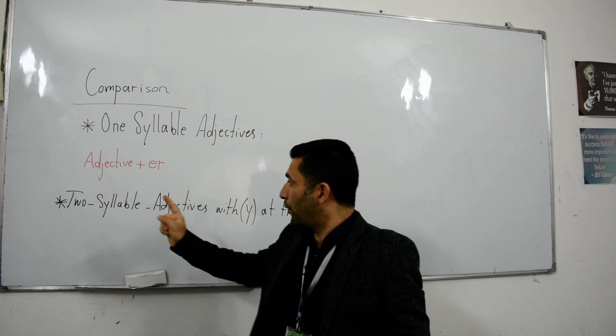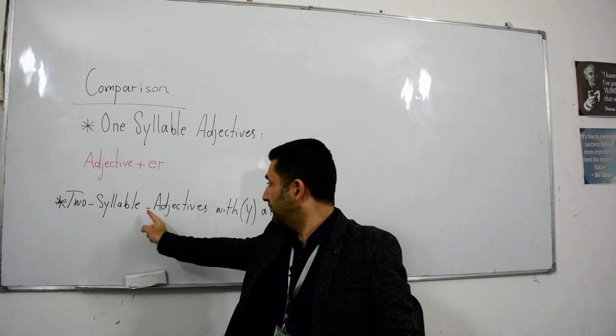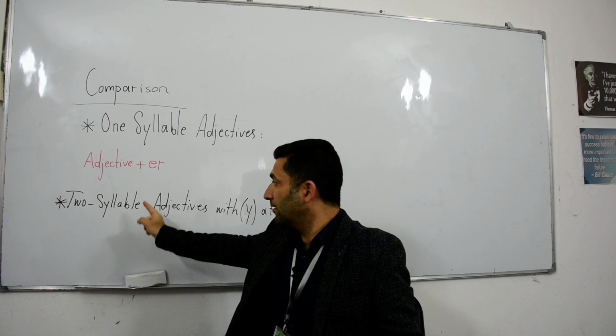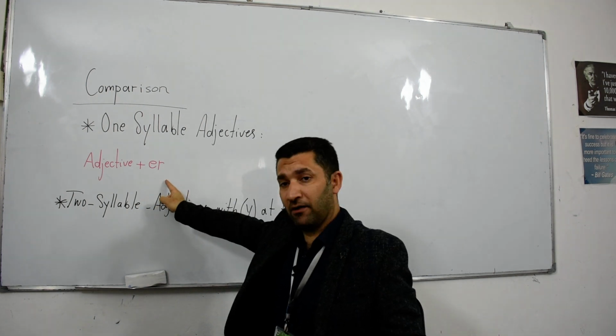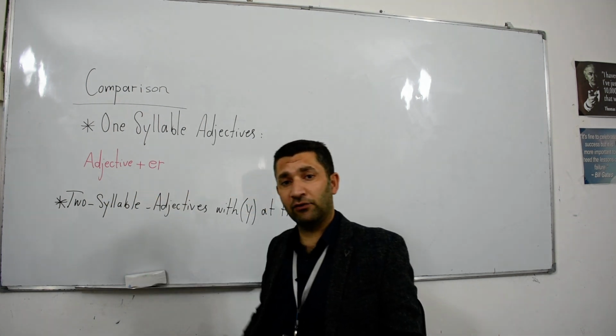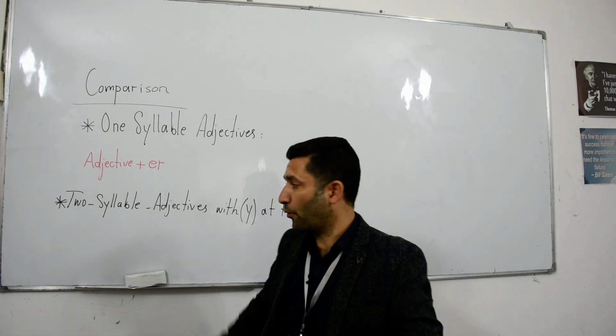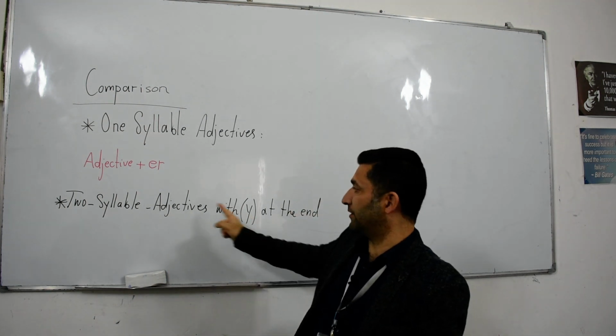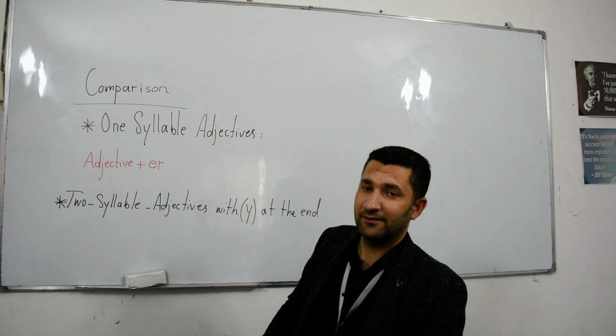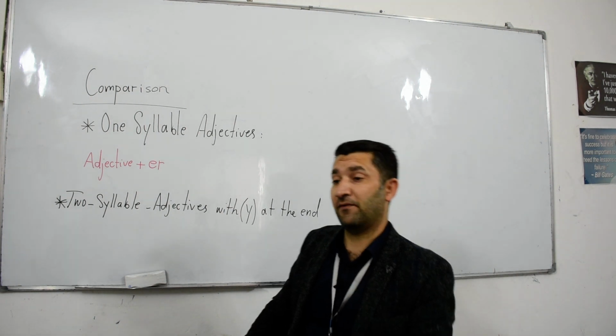Also, we can see on the board that sometimes we can use the suffix er with two-syllable adjectives, but when the last letter of these adjectives is y. Okay, let's have an example here.